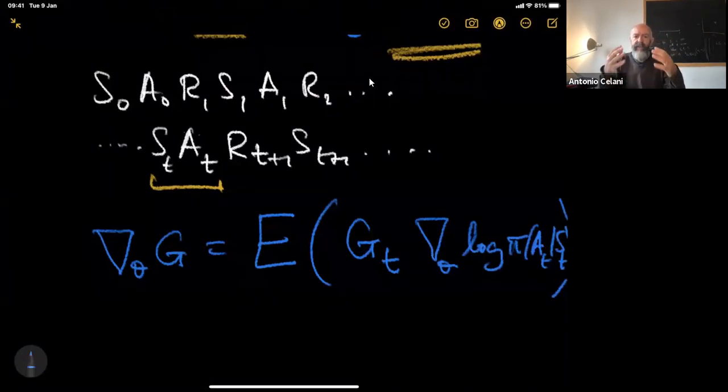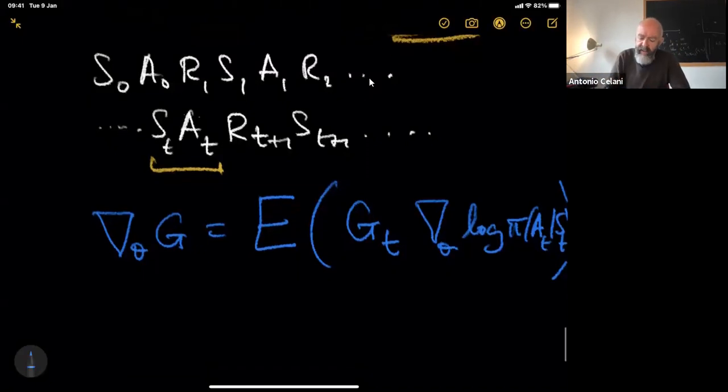So at every time step of your trajectory, you look forward from that point in your trajectory. You construct your stochastic estimate, which is unbiased because it's Monte Carlo. You multiply times this term here.